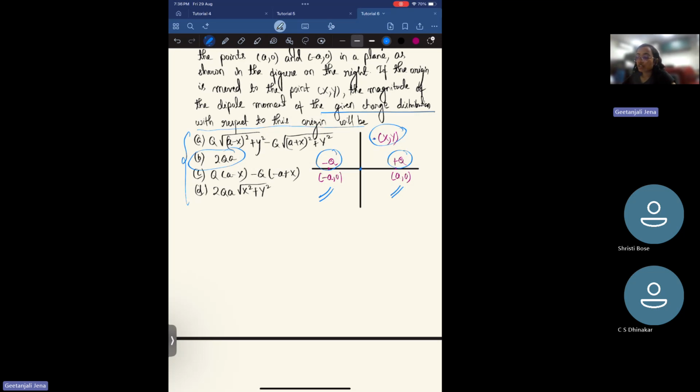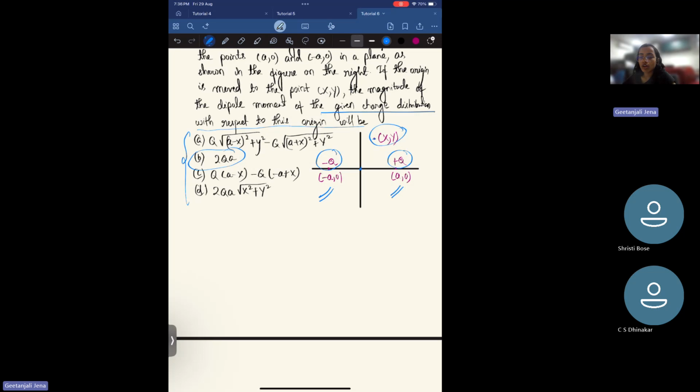But if you recall the concept, whenever the total charge of the system is zero, then it doesn't depend on the origin. Yes, your answer is correct, but I'm telling you one of the shortest methods. You can see the total charge here is zero, right?